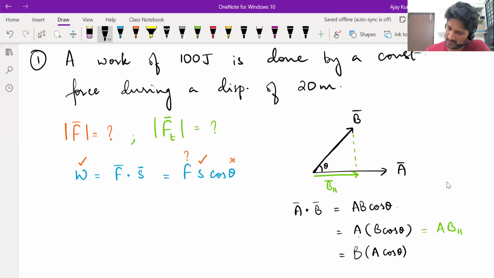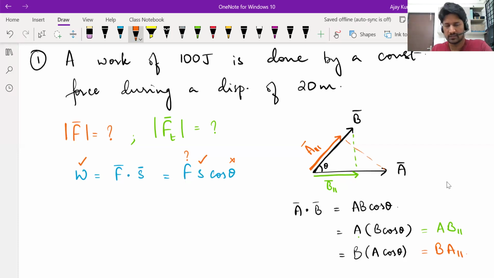A cos theta is the component of A parallel to B. So we can call it A parallel, the component of A parallel to B. So dot product can also be taken as B vector multiplied with component of A parallel to B.